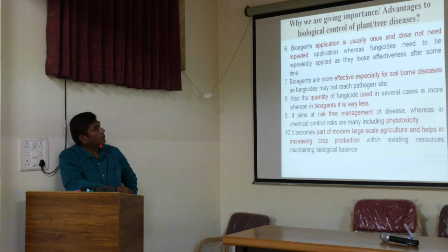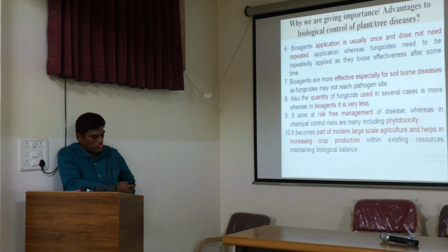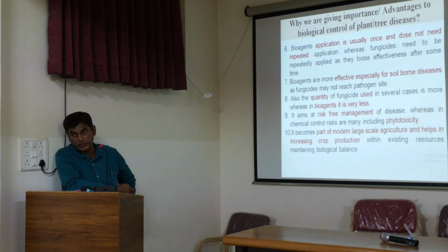Bioagents are more effective, especially for soil-borne disease. It is very effective against soil-borne disease, where, as compared to chemicals, there is no successful control. Also, the quantity of bioagent used is very small compared to chemicals. And it is risk-free management with reference to phytotoxicity.